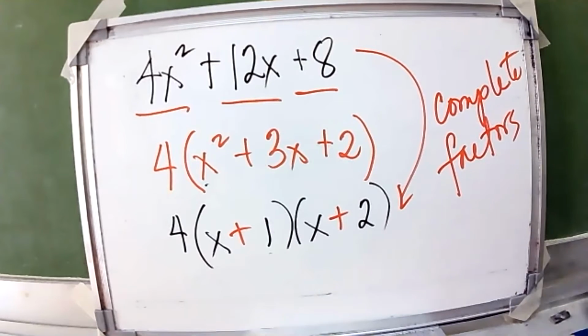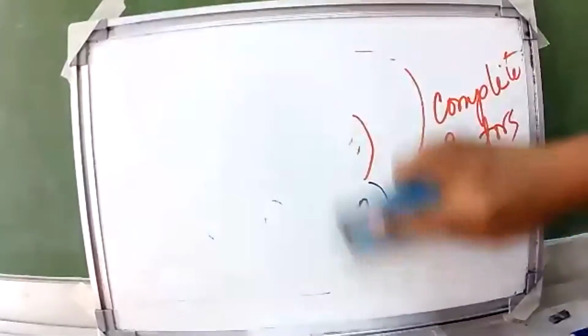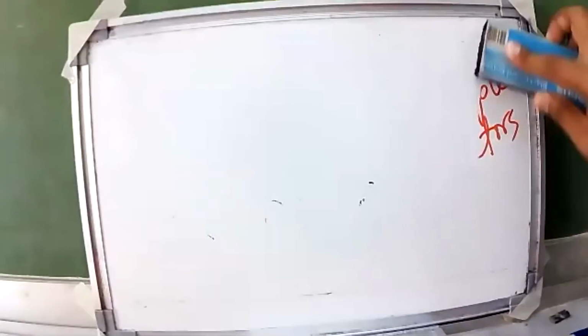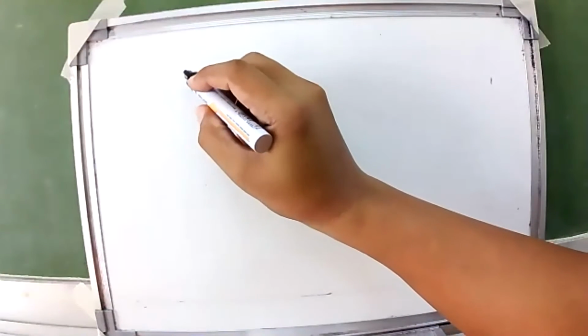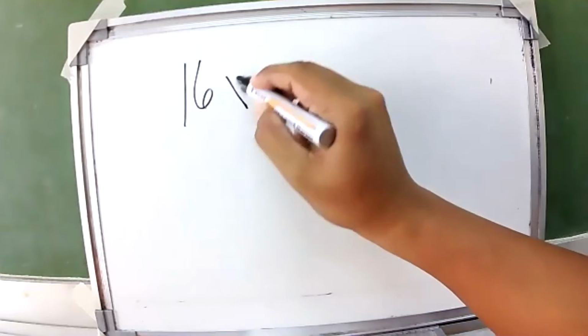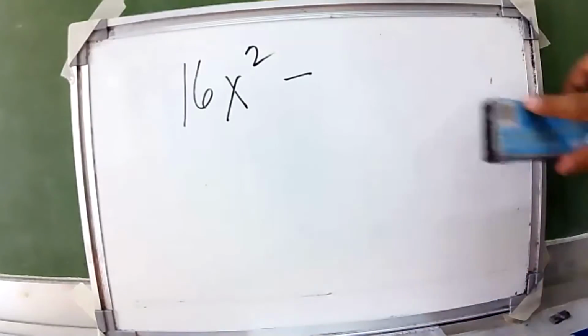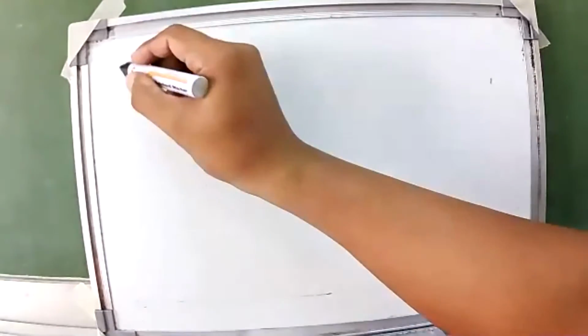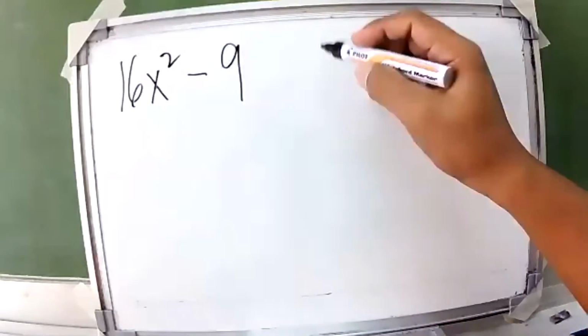Now, let's continue. Let's have another. That was a combination of factoring: common monomial factor and general trinomial, the trial and error. Let's have 16x squared minus 9.